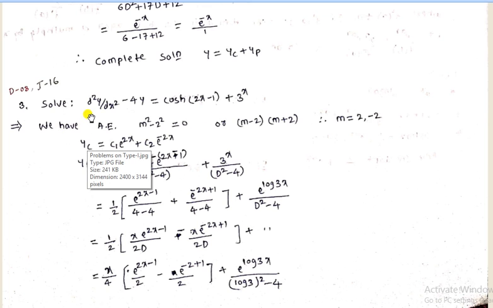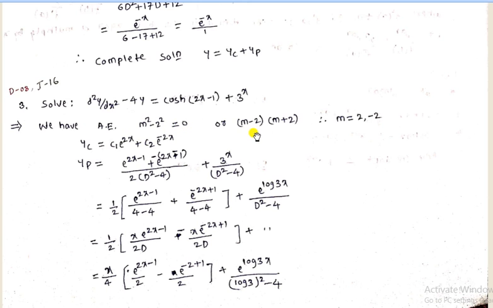Third example: solve d square y by dx square minus 4y is equal to cos hyperbolic (2x minus 1) plus 3 to the power x. The auxiliary equation is m square minus 4, or m square minus 2 square.